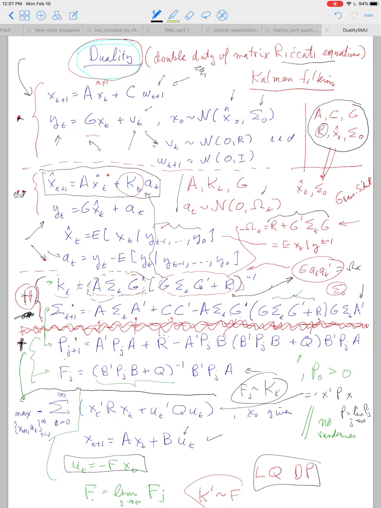But that's an advanced topic that you might pursue. But you don't have to pursue it in order to take advantage of this correspondence. So if you have one set of programs, you can solve both linear quadratic dynamic programming problems, and you can solve Kalman filtering problems.